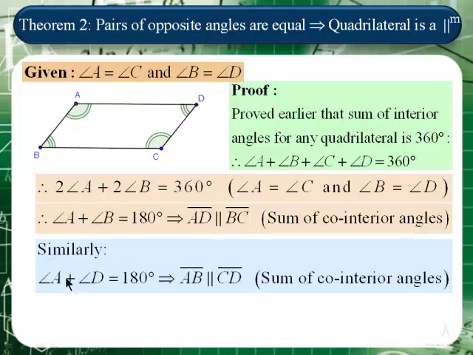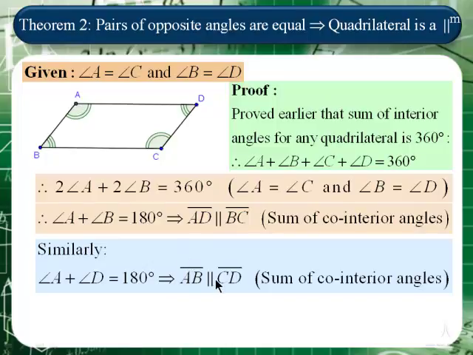In a similar way, we can show that angle A plus angle D is also equal to 180 degrees, but angle A and D are again co-interior angles with reference to the transversal AD.